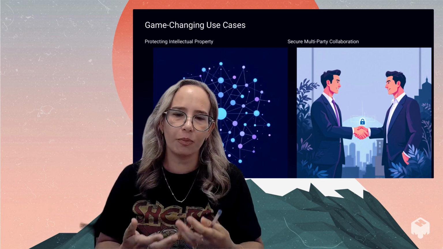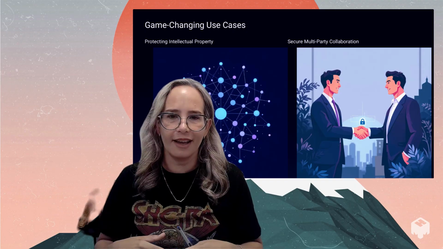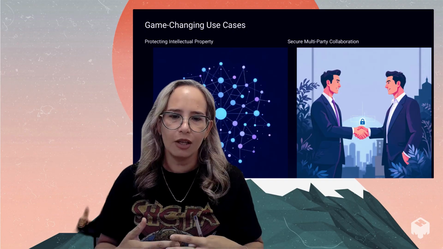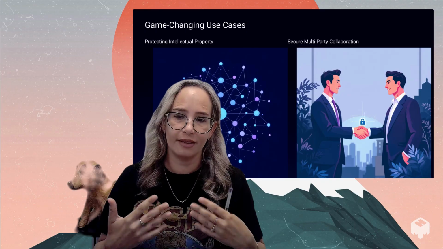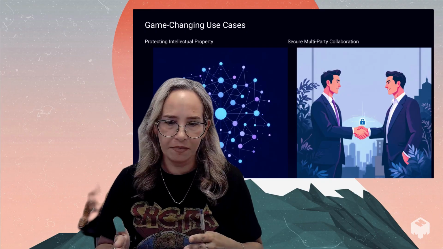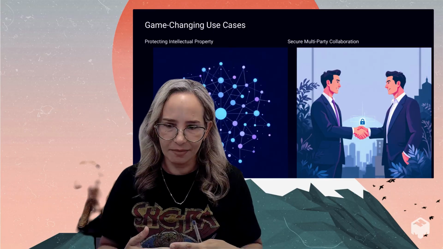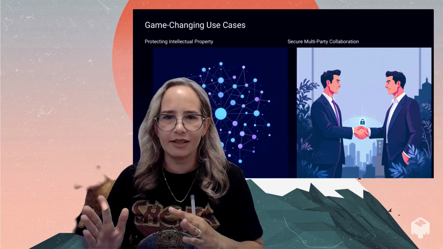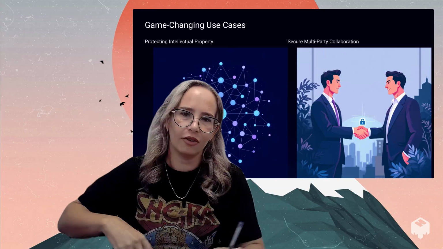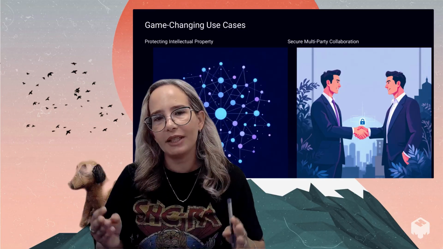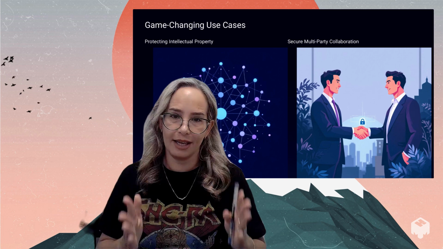Confidential computing can create a clean data room, a safe place for everyone to upload their encrypted data into a TEE. The AI model can train on the combined data, but neither organization, neither party, not the bank, not the cybersecurity vendor, not the cloud vendor, nobody can see the raw data.